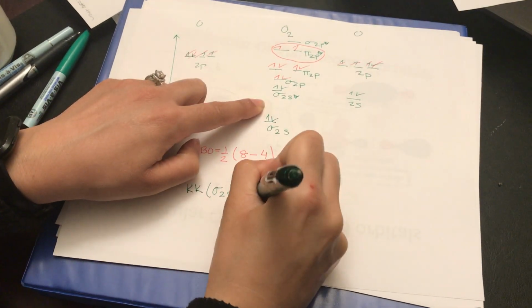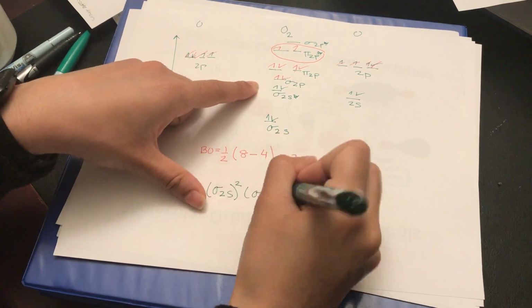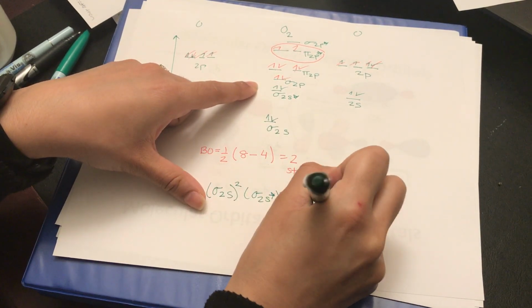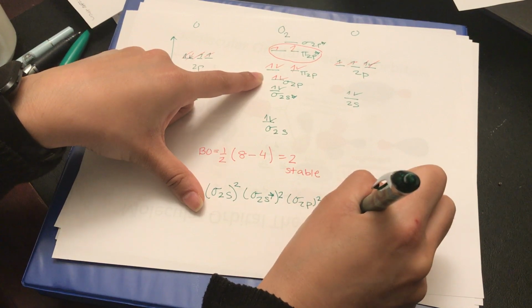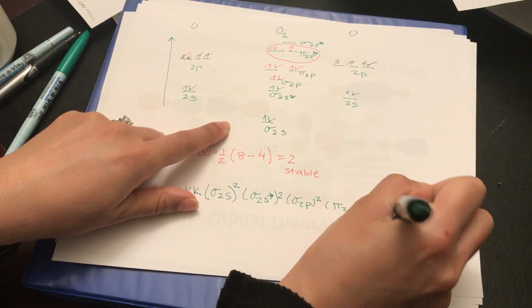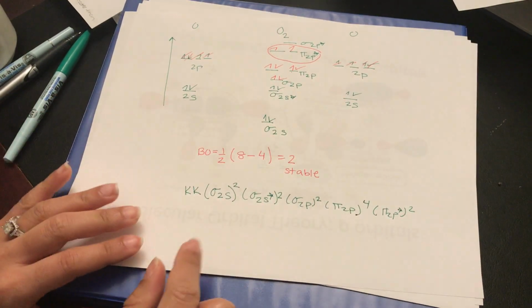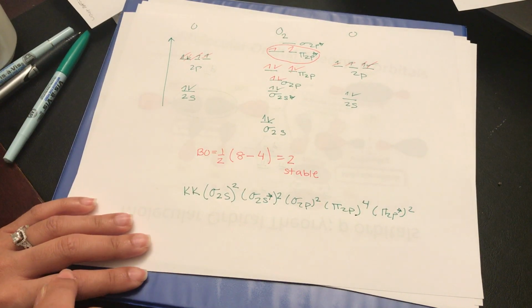Then I have sigma 2s star, that also has 2 electrons. Then I have sigma 2p, 2 electrons. Then I have pi 2p with, how many electrons does that have? 4. Then I have pi 2p star with 2. So this is my molecular configuration instead of my electron configuration.